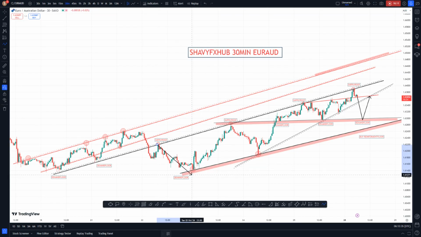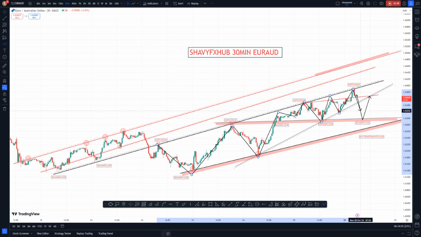Price came here, impulse, correction into the zone, tap into the supply zone, return to the supply zone, tap into the zone again, sell off, tap into the zone again, sell off. Now we are into the zone.